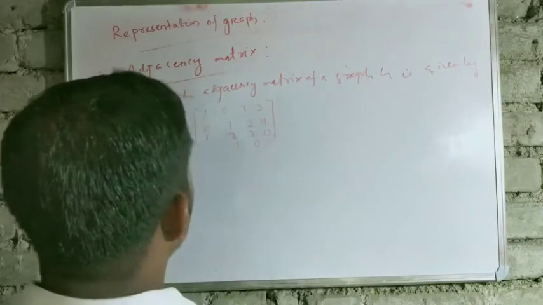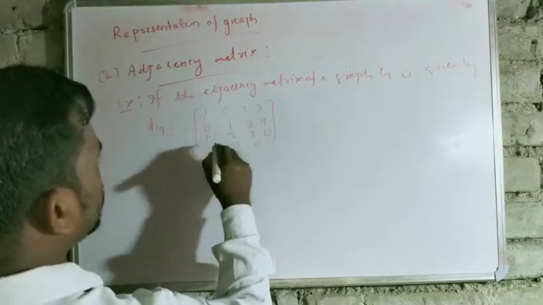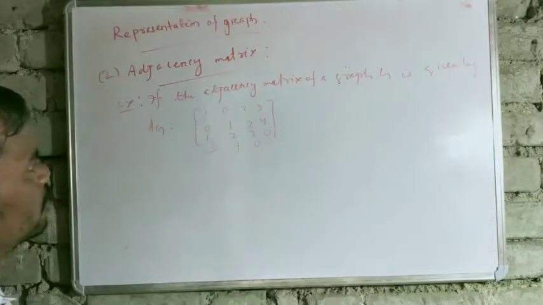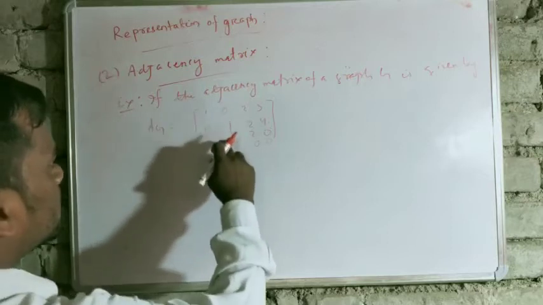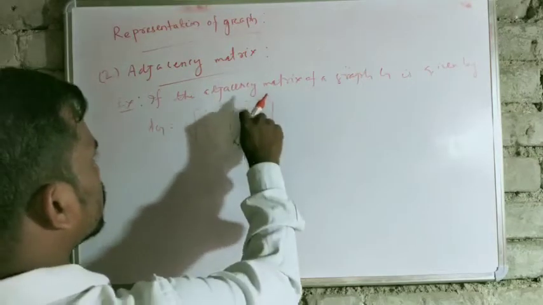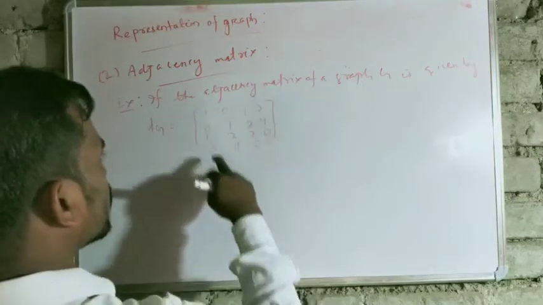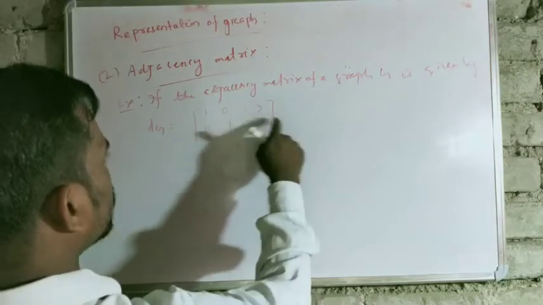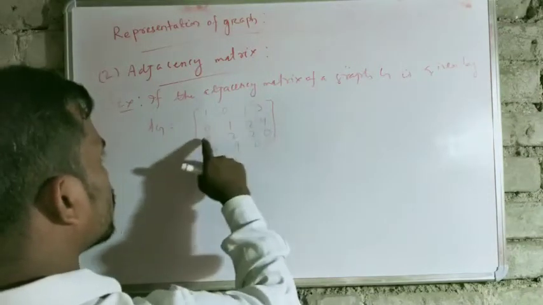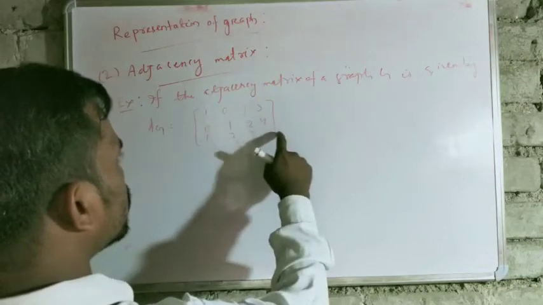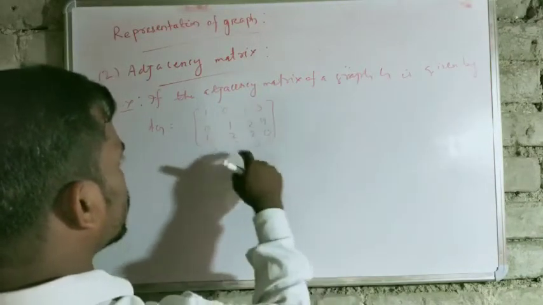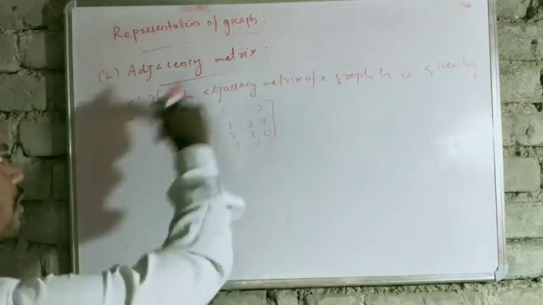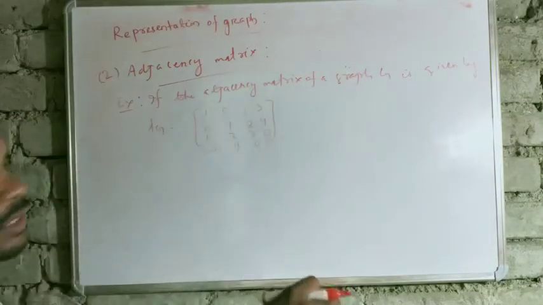And this is your 4, this is your 3. So the rows are 1 0 1 3, 0 1 2 4, 1 2 2 0, 3 4 0 0. Okay, so this is an adjacency matrix.